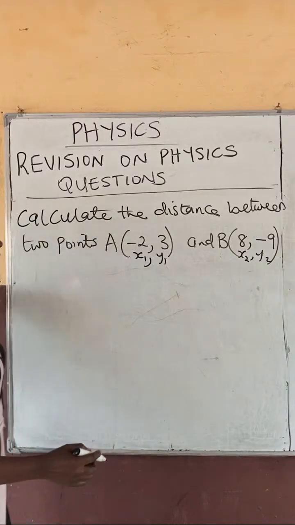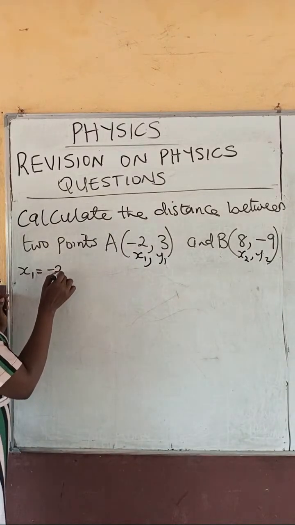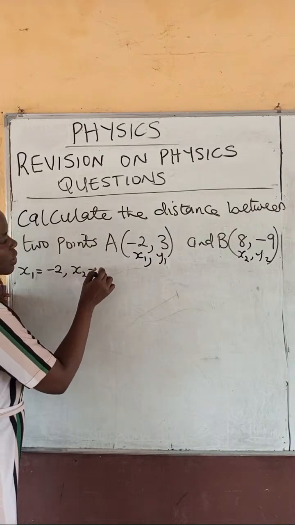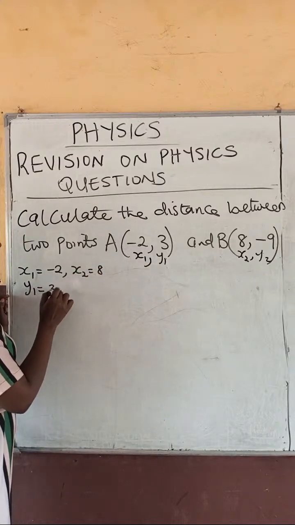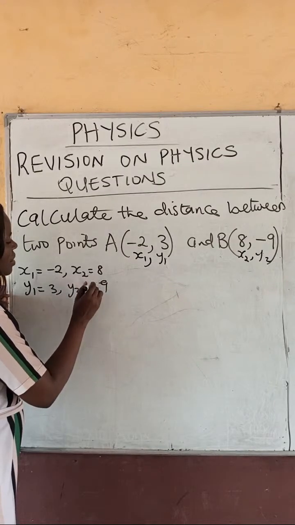Is that okay? So my x1 is minus 2, my x2 is 8, my y1 is 3, and my y2 is minus 9.